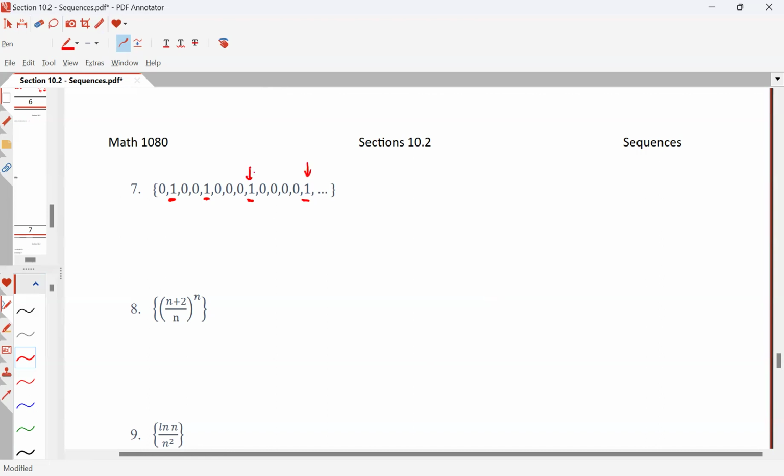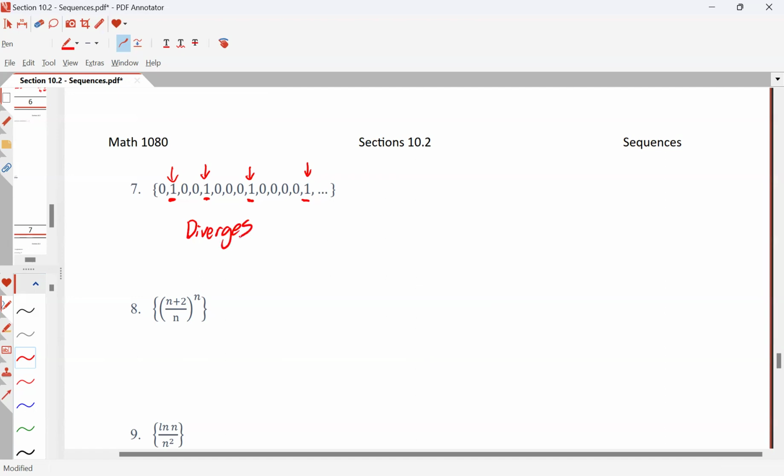Because these ones are popping up every so often, even if I have a million zeros in a row, eventually there will still be a 1, and so we're bouncing between values, meaning this sequence diverges.